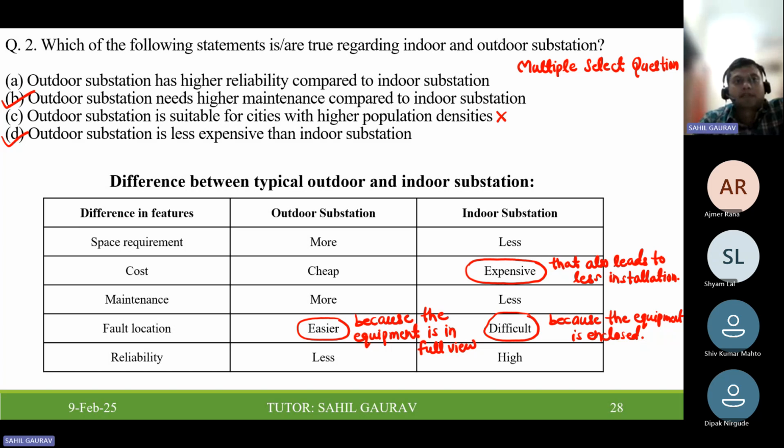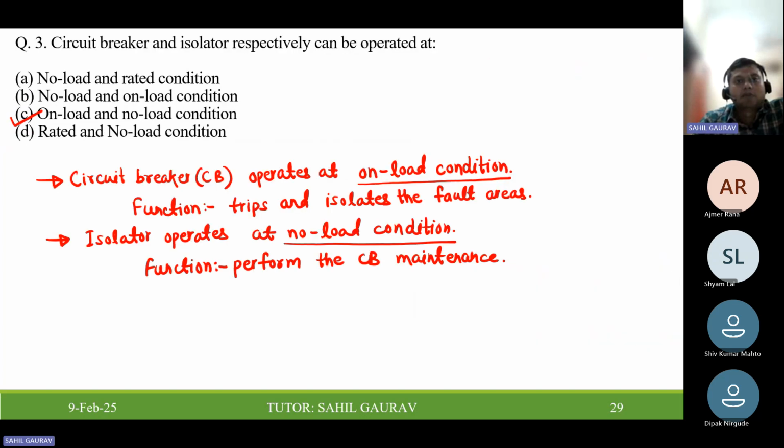Next problem: circuit breaker and isolator respectively can be operated at. Circuit breaker operates at on-load condition, which means it trips and isolates the fault areas. Relays provide the trip signal, and the circuit breaker isolates these fault areas.